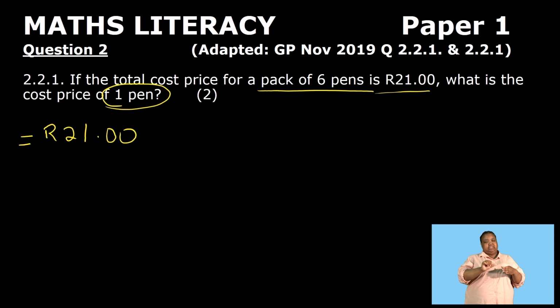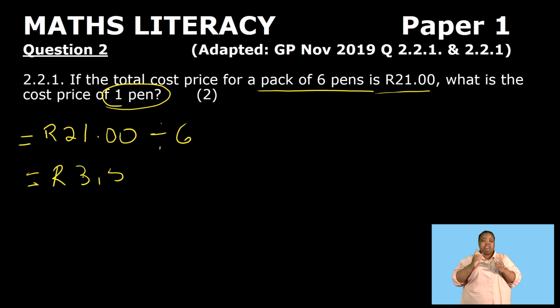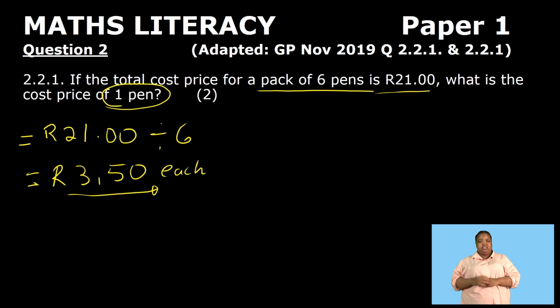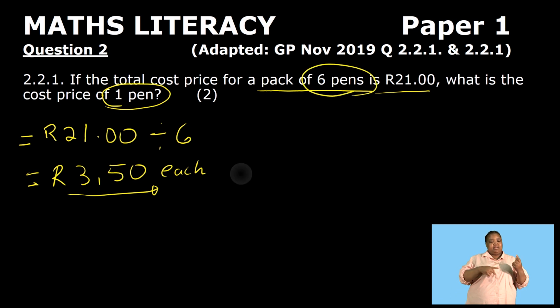So we need to find out the cost of each pen in this pack. So we are going to say 21 rand divide by 6 to get the price of 1 pen. So this will give us 3 rand 50. It means each pen will cost 3 rand 50 from this pack of 6.